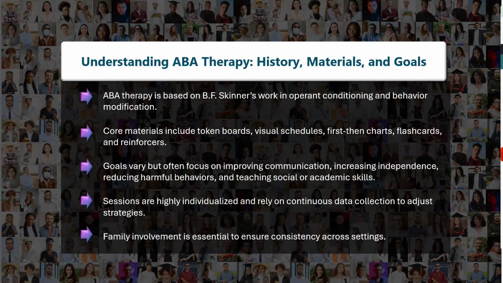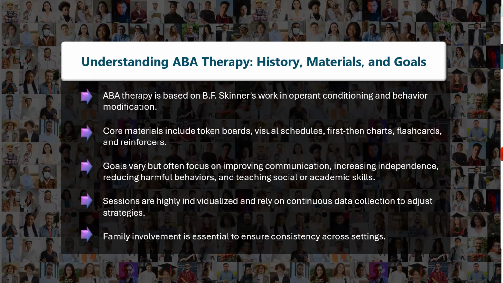In the 1960s and 70s, researchers began applying Skinner's principles in structured, measurable ways to support children with autism. The field grew rapidly as studies started to confirm that behavior could be shaped, reinforced, and challenging behaviors reduced using specific techniques over time.